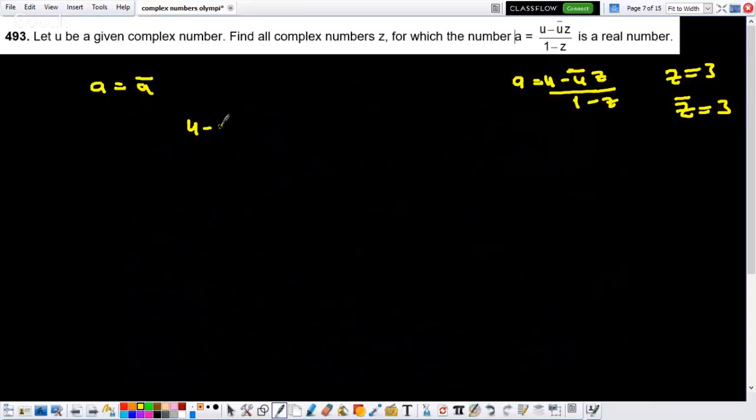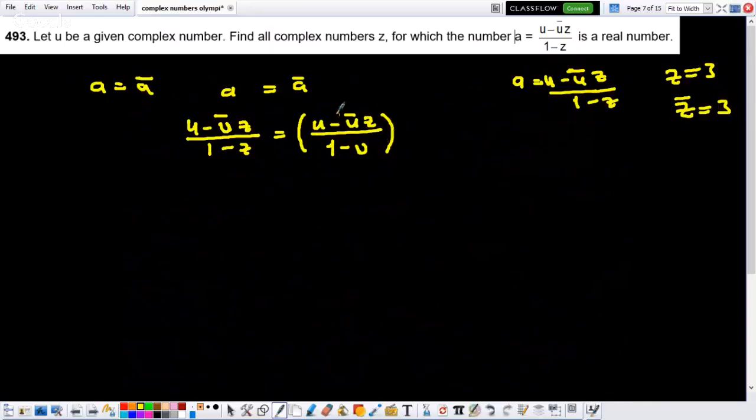u minus u conjugate z over 1 minus z. This a must be equal to a conjugate, which is equal to u minus u conjugate z over 1 minus, I'm sorry, u minus u conjugate z over 1 minus z conjugate.